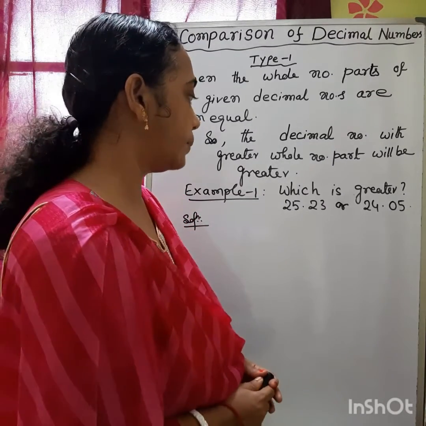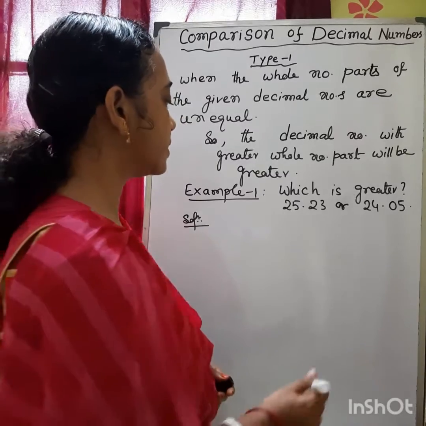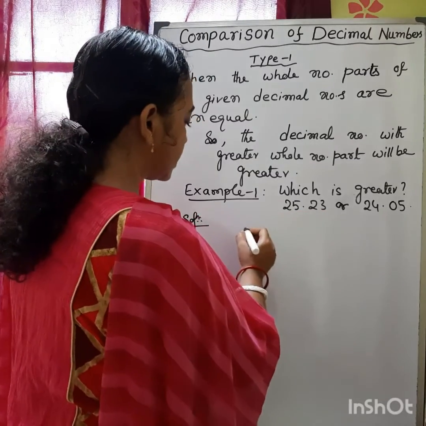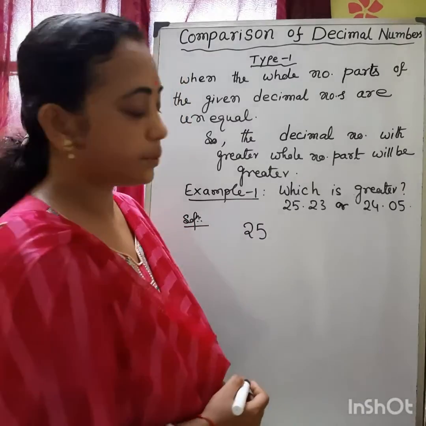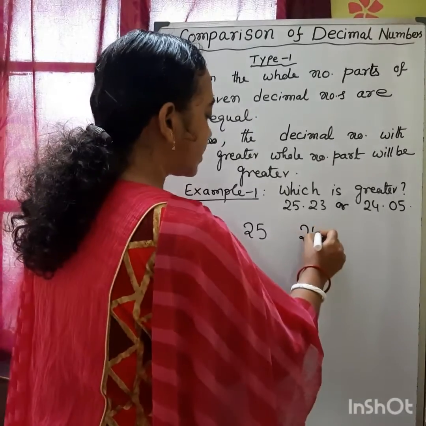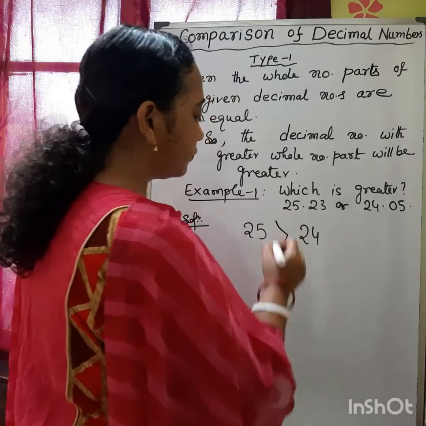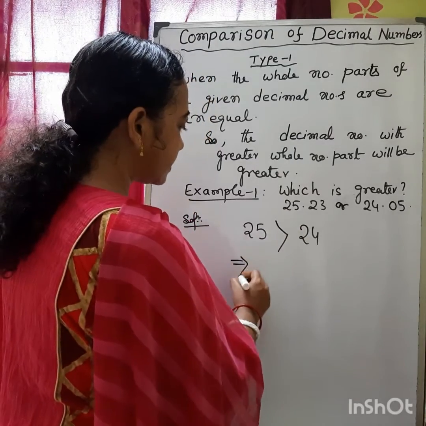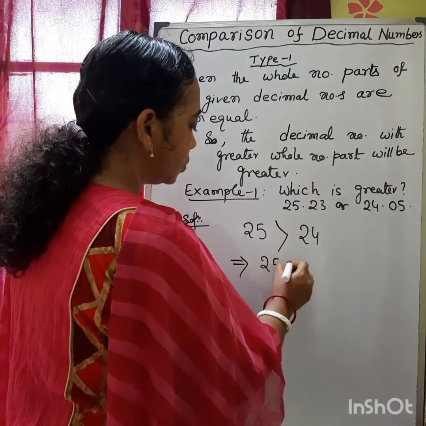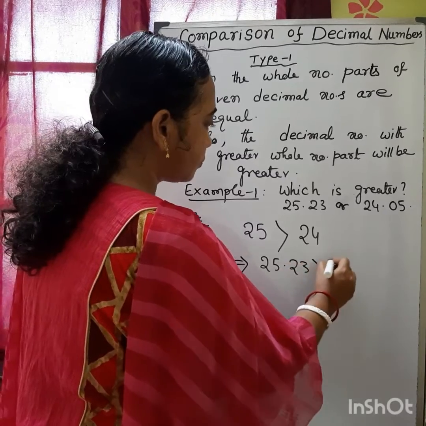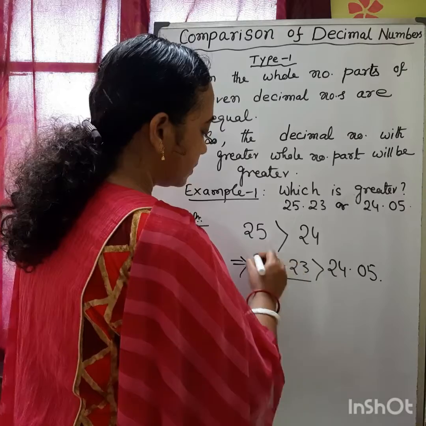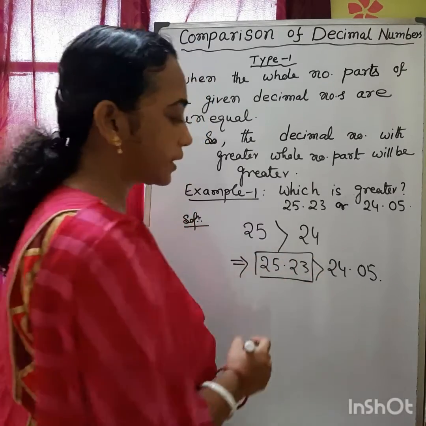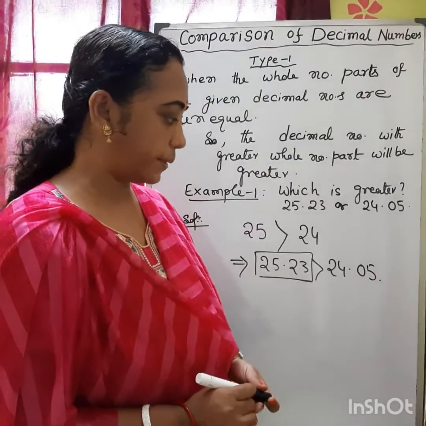Here the whole number part of the first decimal number is 25 and of the second is 24. As we know 25 is greater than 24, so we can say that 25.23 is greater than 24.05.